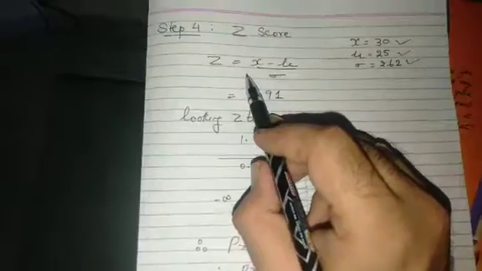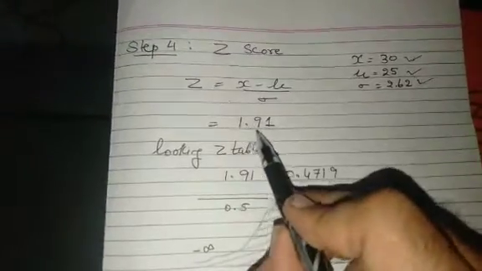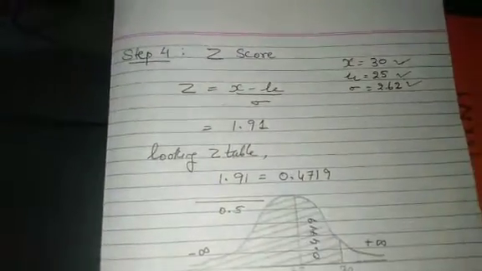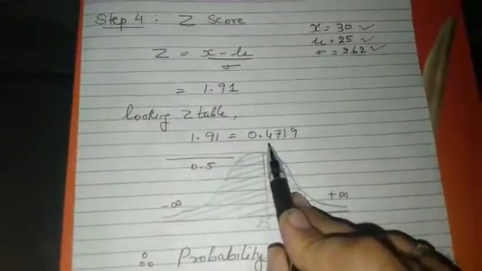We know the formula of z score, that is x minus mu upon standard deviation. By applying it we get 1.91. Looking up the value of 1.91, so 1.9 and again 1, we are getting the value 0.4719. The same value I have written, that is 0.4719.